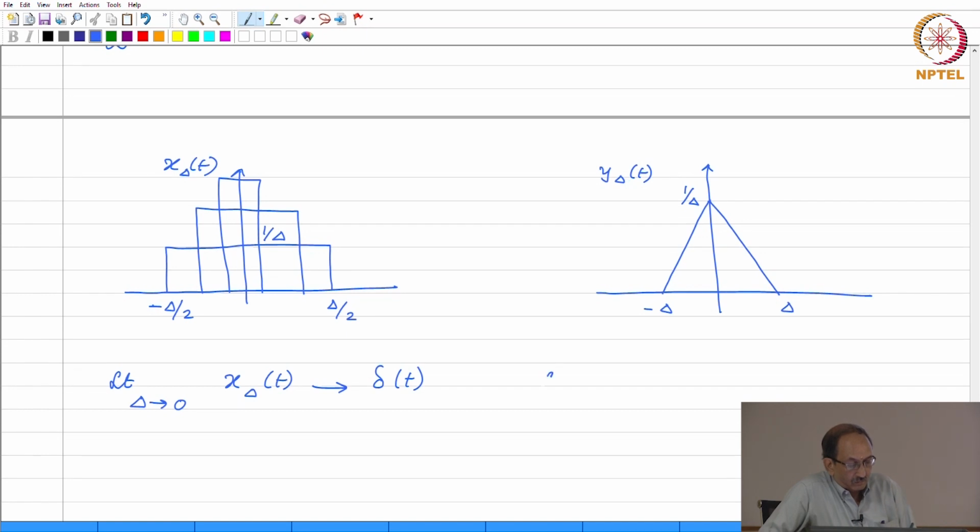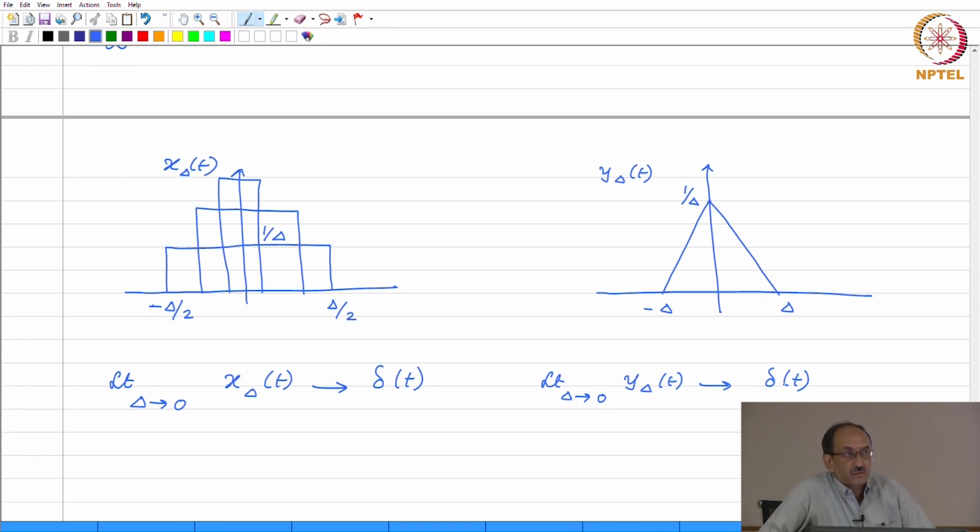Again, limit cap delta tending to 0 of y delta of t must tend to, the area is again unity, as you can see, half times base times height. So, area is unity. So, this must tend to the delta of t. Any other function that you can give an example that tends to delta of t along the lines that we have just now looked at?